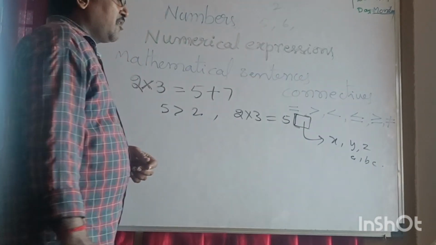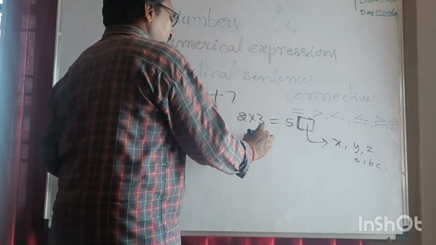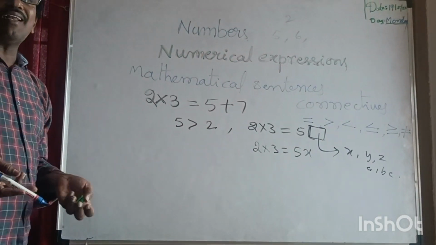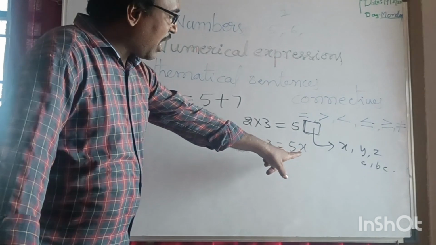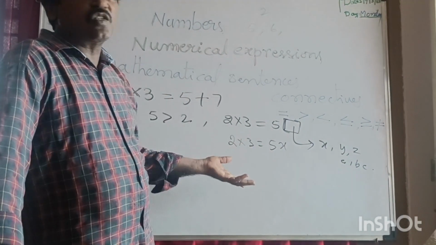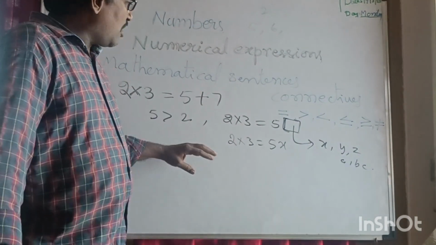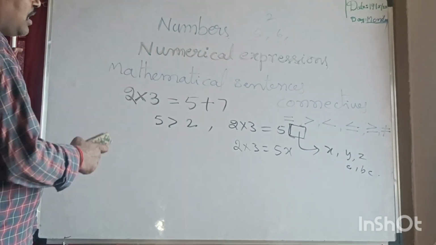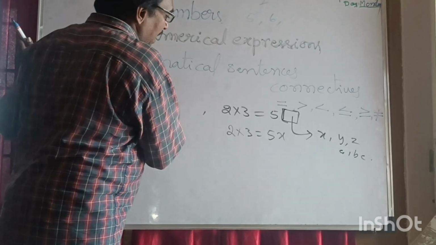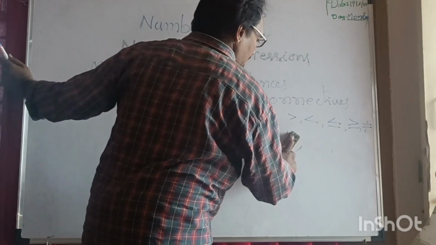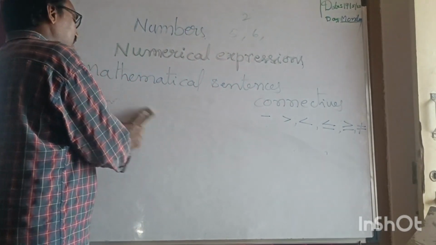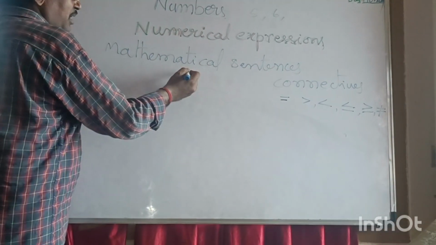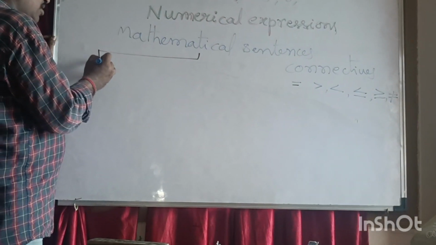If I give you 2 into 3 is equal to 5x, can you say it is true or false? We cannot say unless we know the value of x. This also comes under mathematical sentences. Mathematical sentences are nothing but numerical expressions connected by connecting signs: is equal to, greater than, less than, less than or equal to. After that, these mathematical sentences are divided into two different parts.